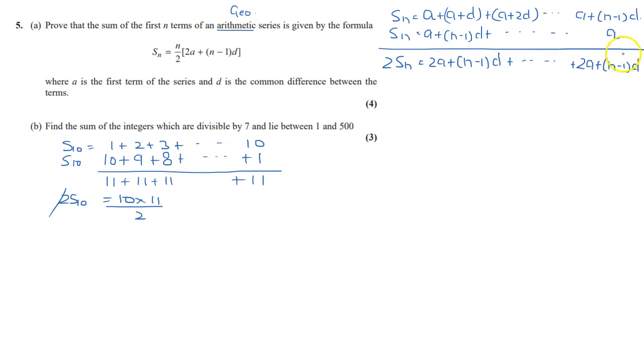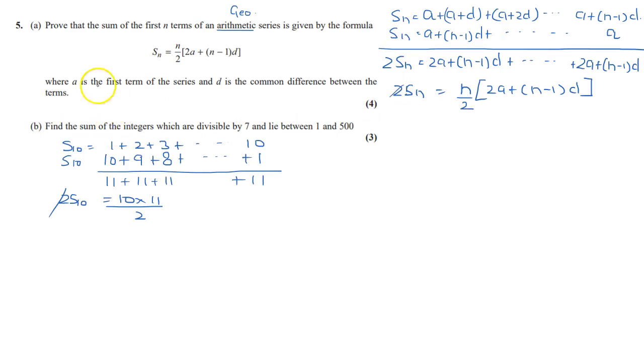How many times are these terms there? n times. So 2Sn is equal to n times (2a plus (n minus 1)d). So this 2 will come here, and that is what we are supposed to prove. This is a bit easy, I think it's free marks.